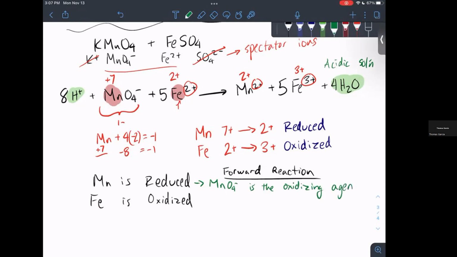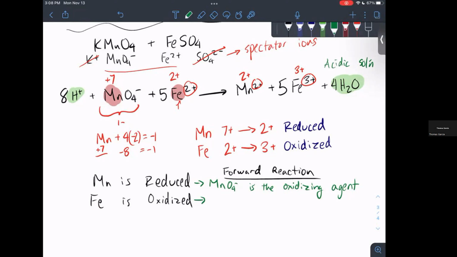agent. Again, because we're talking about these in the forward reaction, we're not looking at the products for this. We're looking at the reactants. What is doing the oxidation? What is pulling electrons from the thing being oxidized? Well, that's manganese, specifically permanganate. Furthermore, in the exact opposite vein, iron is giving its electrons to manganese.